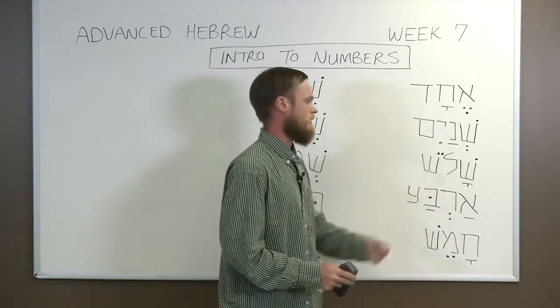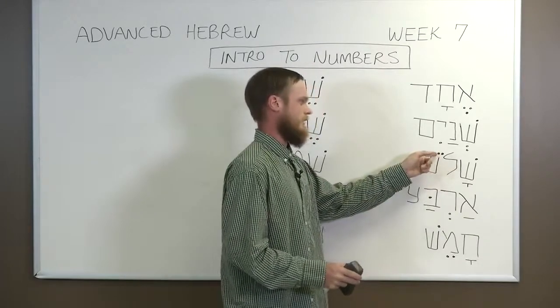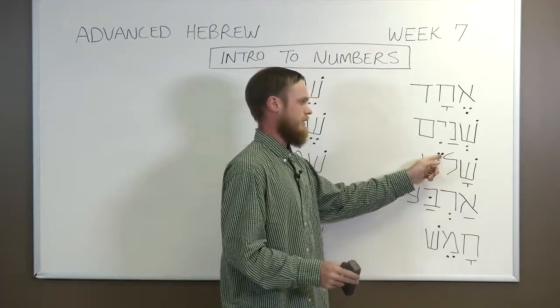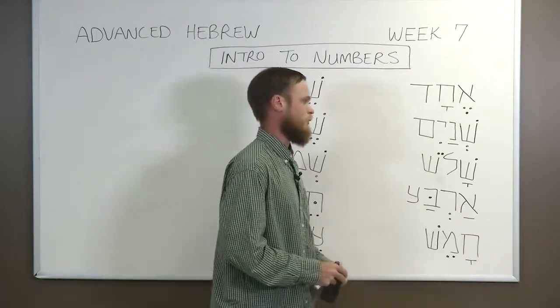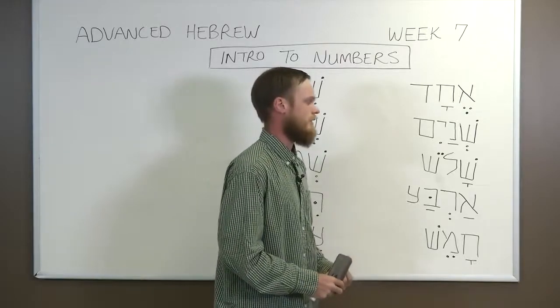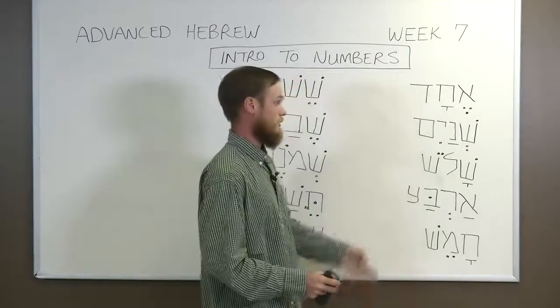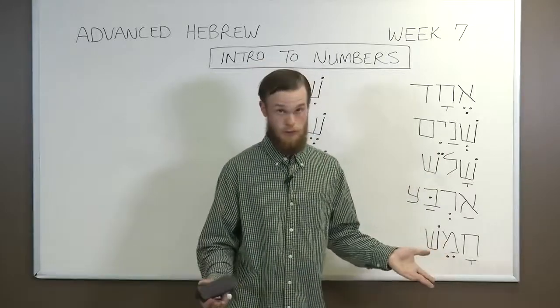Another side note, in your list, you'll notice on shalosh, I've only got 1 dot. I combined the dot that denotes the sheen with the dot that indicates the cholam vowel. I did that because I didn't have enough room to write both. That's a convention that you will find in a number of books. When I'm writing things on the board, my preference is to include both dots so that there is absolutely no confusion.